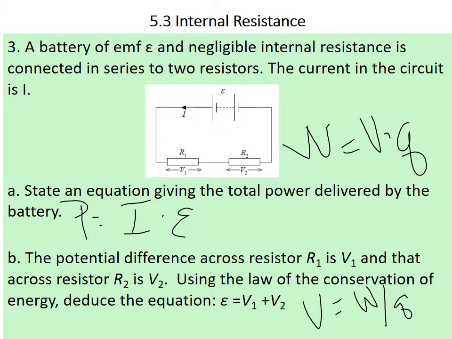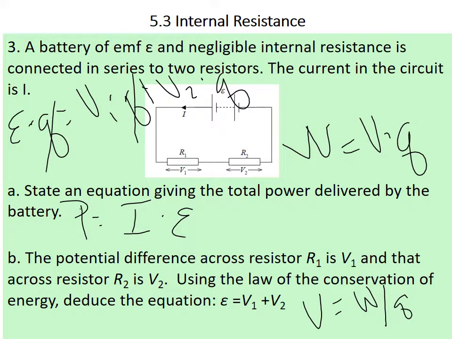All of these components are in a line, which means they all get the same amount of charge at any given moment in time. So this is energy conservation. Epsilon times Q equals V1 times Q plus V2 times Q, and then I cancel the Q's, and then I've arrived at my target. It's that easy.